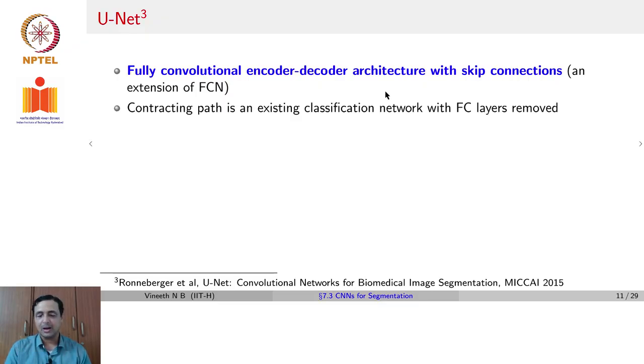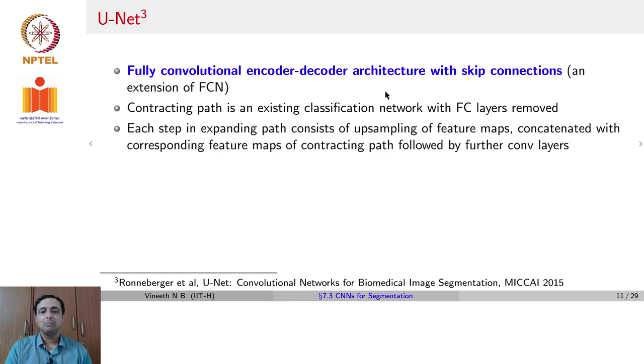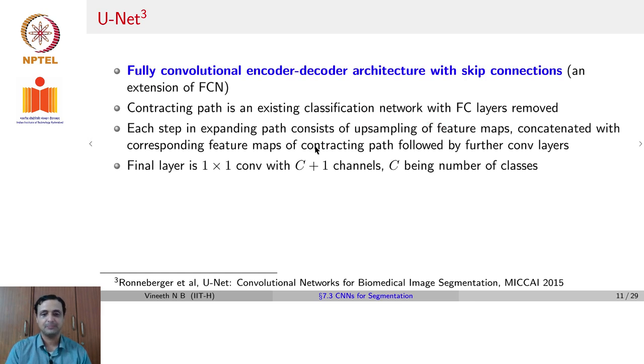In the contracting path, that's the encoder path, is an existing classification network with FC layers removed, similar to SegNet and FCNs. But in the expanding path, in addition to upsampling of feature maps, the network also receives corresponding feature maps of the contracting path along with further convolutional layers.